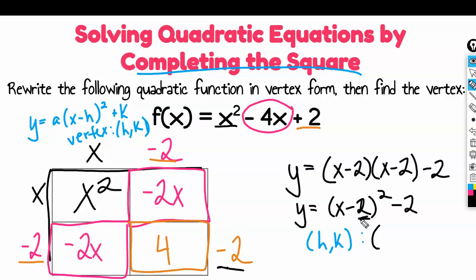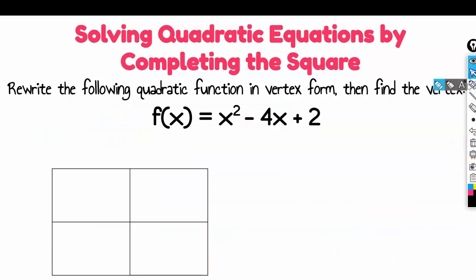Now, if it's x minus 2, my h is going to be a positive 2. Then I have k, which is the one on the outside. It's just a minus 2. So this is my vertex, all right? This is h, the x value, and this is k, the y value. Desmos doesn't help you here. You've got to know how to do this.